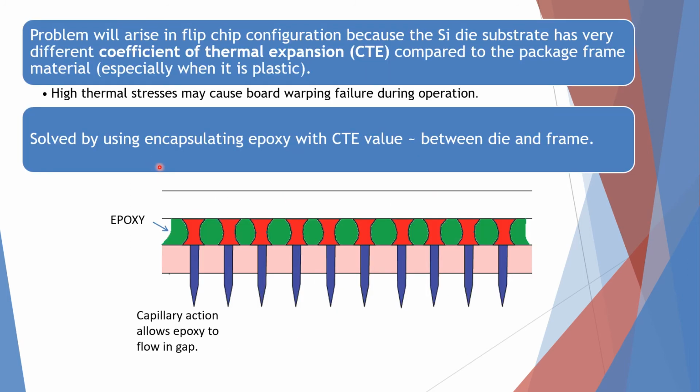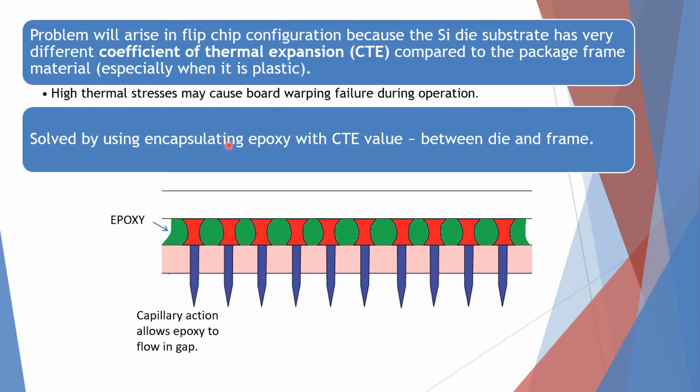The problem that may arise in this process is when the flip chip is configured to the Si die substrate, the coefficient of thermal expansion is different. So the CTE, what will happen is high thermal stress may cause board warping failure during operation.